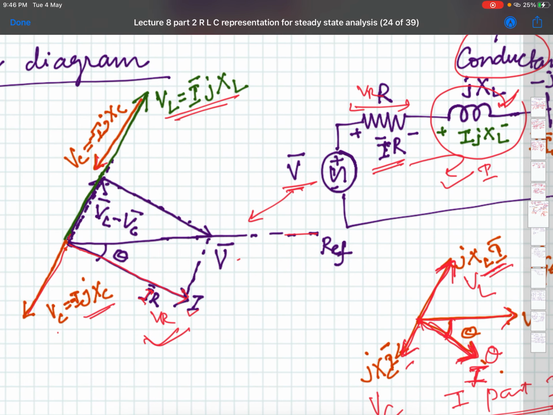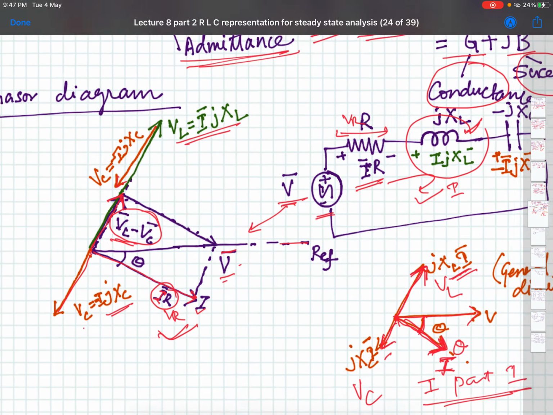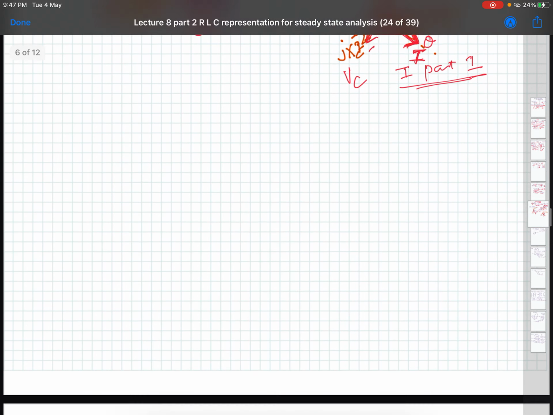So the reactive voltages VL and VC, you subtract, where VL is larger we assume, then this is the voltage in quadrature to I. Then when you add these three voltages, IR, and VL minus VC, that would come equal to V bar, then only V minus the sum will be equal to 0. So that is the phasor diagram of an RLC circuit.